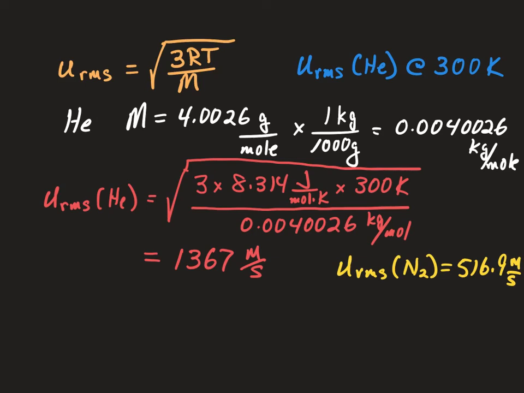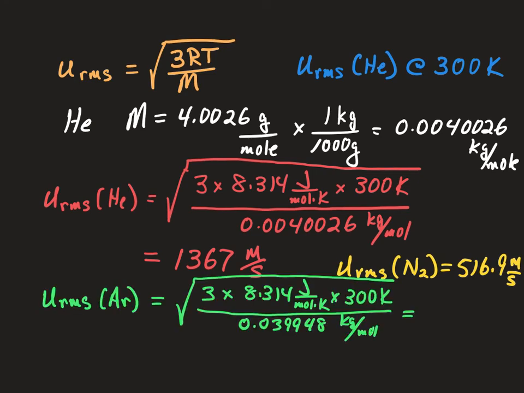Okay? Now, if we consider the same thing with argon, I'm going to try to add it to this slide, and then I will come back. So now I have added the root mean square velocity calculation for argon. The big difference is that argon has a molar mass of 39.948 grams per mole, or 0.039948 kilograms per mole.